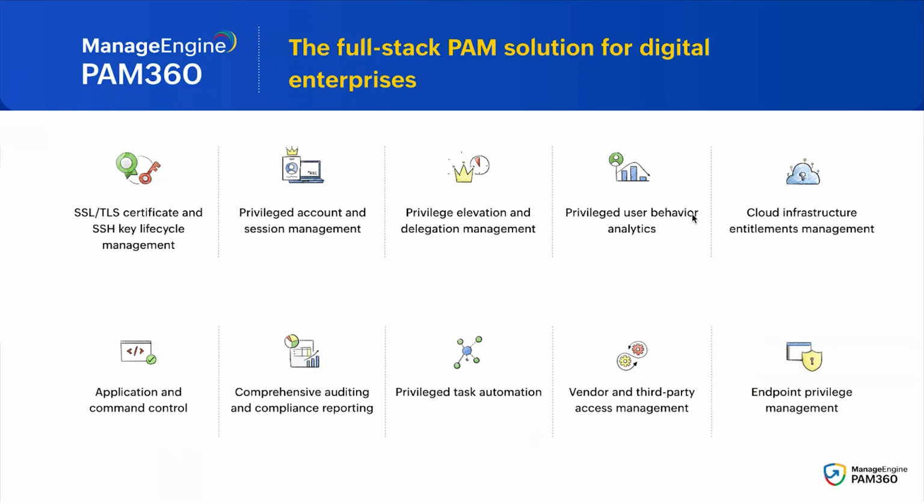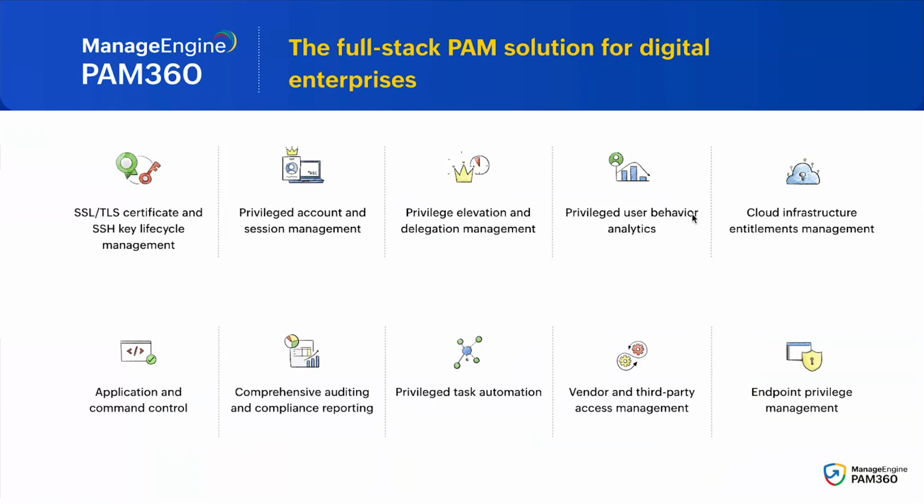You can automate tasks. You can make PAM 360 communicate with other business solutions that are part of an enterprise, for example, HRMS. Let's assume there's a third-party vendor that's part of your team.